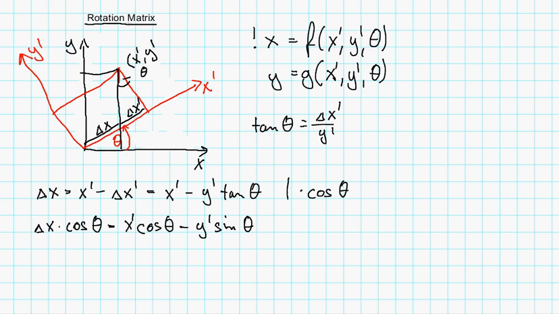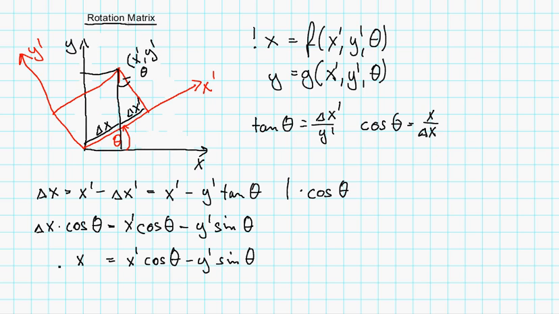Let's look at this triangle here, and there we can say the cosine of theta is this length divided by the hypotenuse, so it's x divided by delta x. Therefore, delta x times cosine theta is nothing else than x. So x is x prime cosine of theta minus y prime sine of theta.